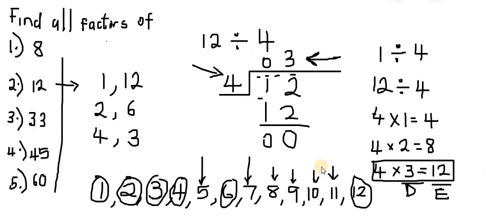If you do, then it's not a factor. Okay? But I can guarantee you, you get a remainder for all these numbers that were not picked. Okay? So, moving on to the next number to check for factors, all the factors of 33.